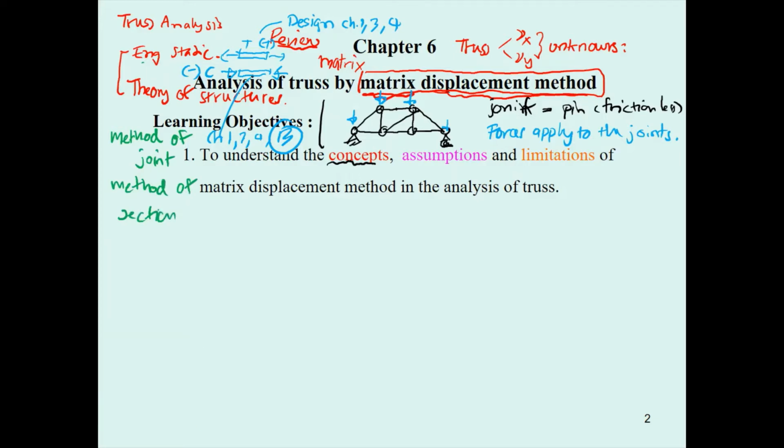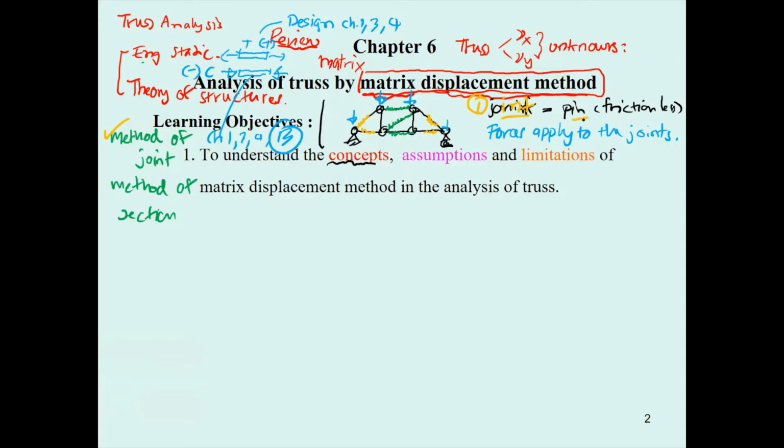The method of sections is good when you analyze the truss for the internal force in the interior of the truss. But the method of joints is better for a member that's close to the support or only has two unknown forces.